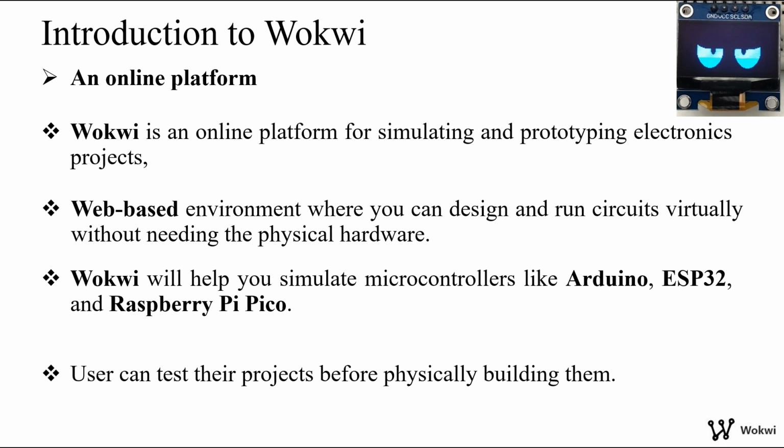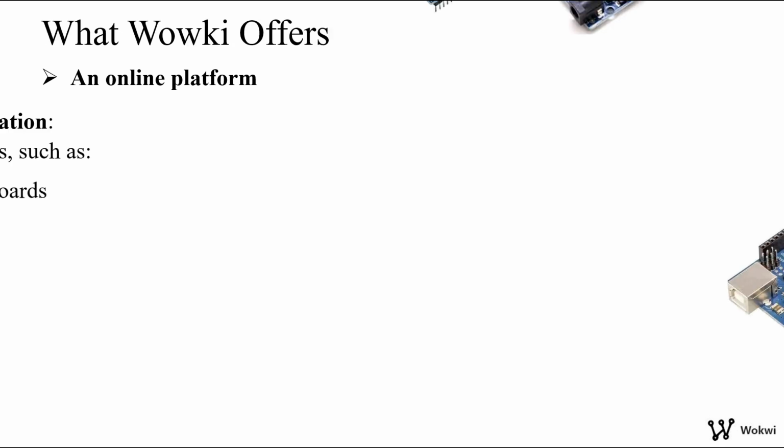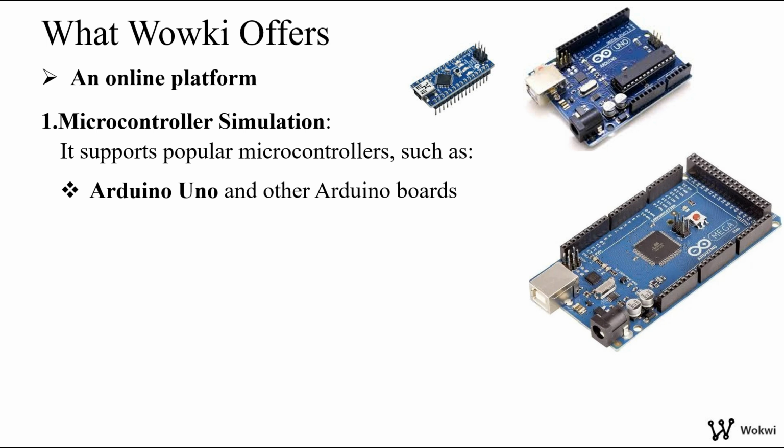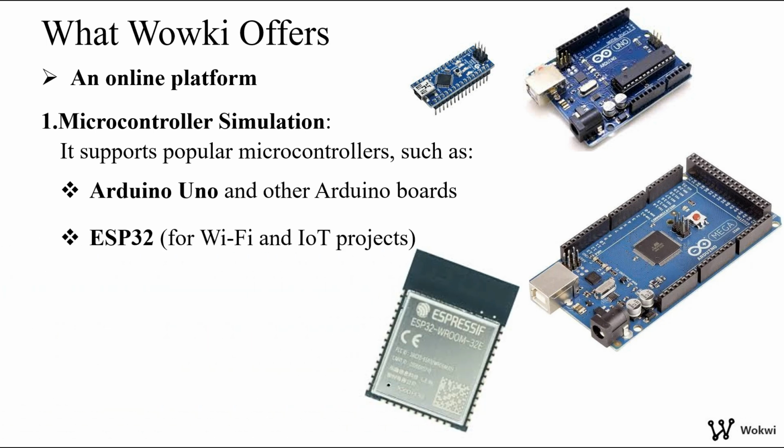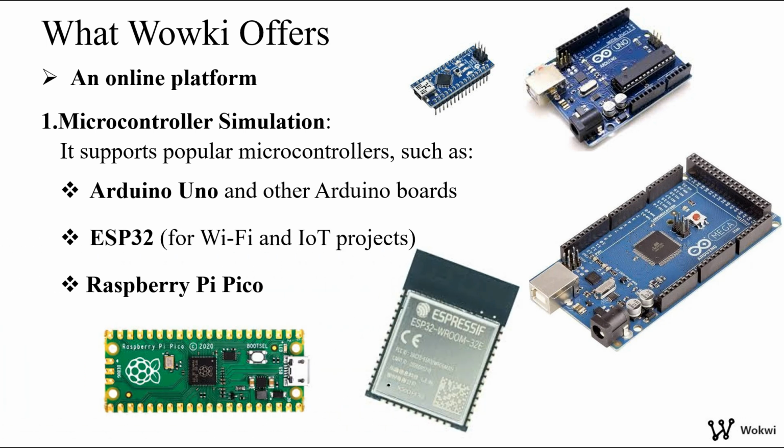As you know that it's an online electronic simulator, you do not need any physical component for developing your circuit. This platform offers microcontroller simulations like Arduino boards, ESP32 modules, and Raspberry Pi Pico.